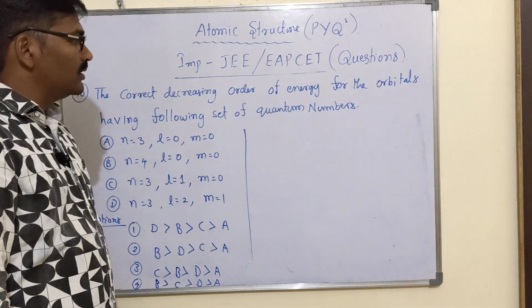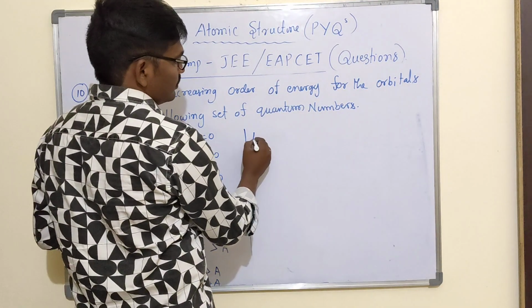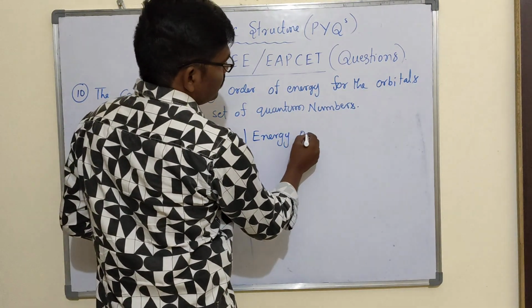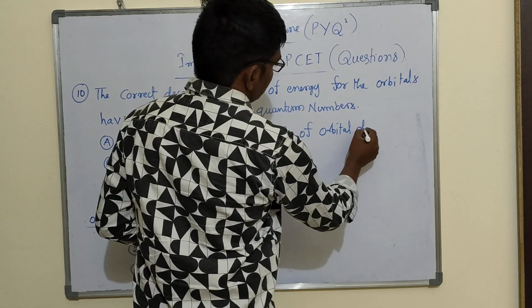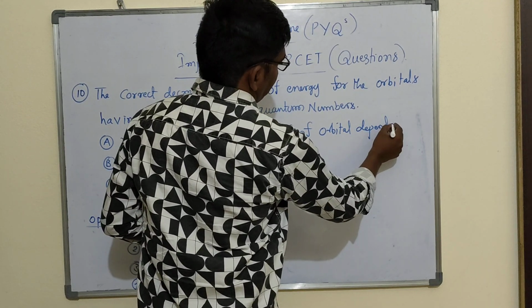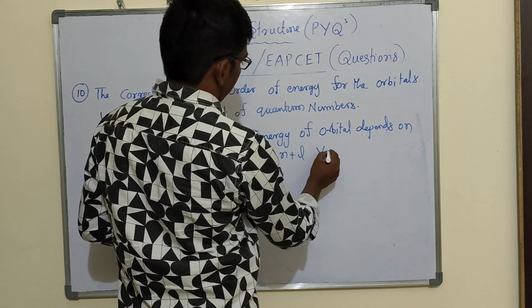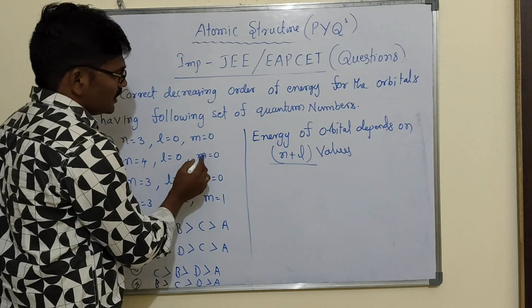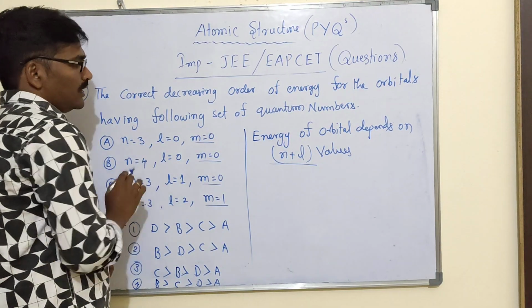Look at it, the energy of orbitals depends on n plus l values. So it does not depend upon the m values actually. Sir, n plus l values.